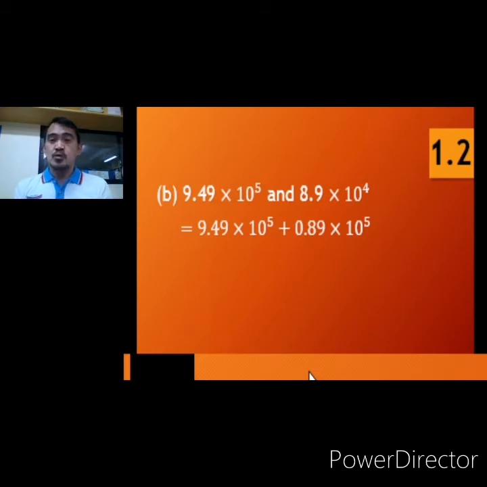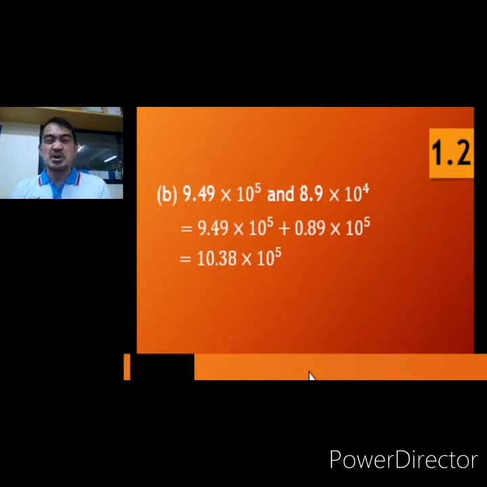So we have to divide 8.9 by 10. We can move the decimal point one place to the left, and we add 1 to the power. That's why it became 0.89, equal to 10.38 times 10 raised to 5.